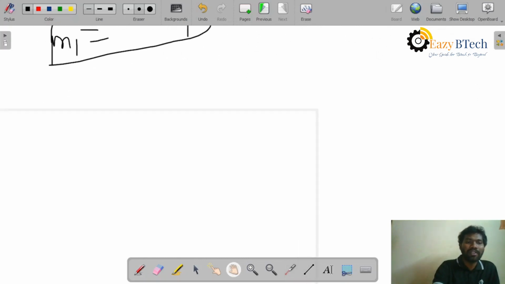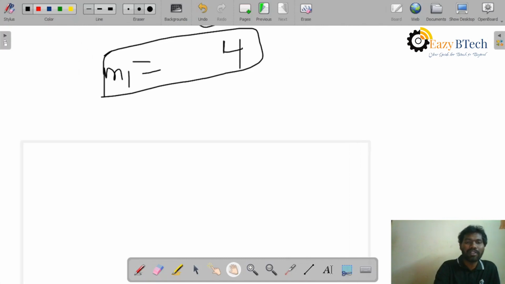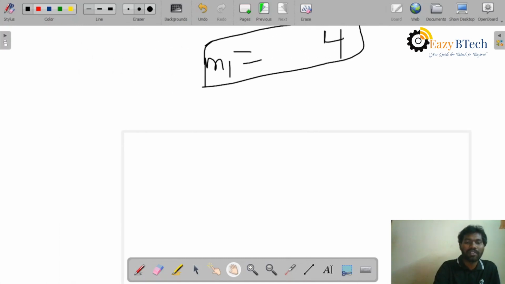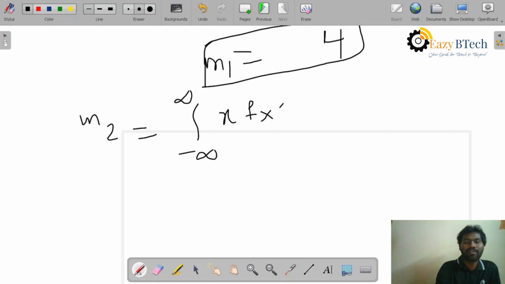In the same way, the second order moment is represented by m2, and is nothing but integral from minus infinity to infinity x square into f of x dx.